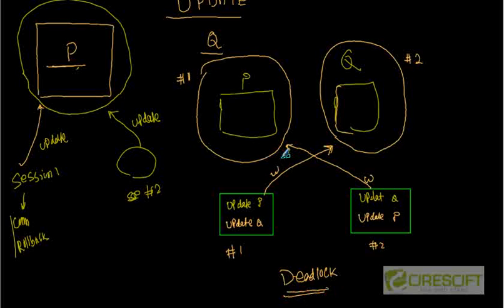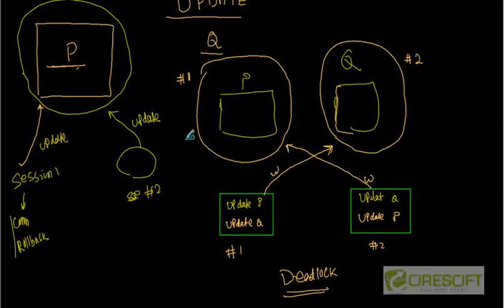One is blocked and the other is blocked. Starting from probably Oracle 8i, Oracle detects deadlocks and finds a victim. It chooses one of these sessions to be the victim and rolls back that work.